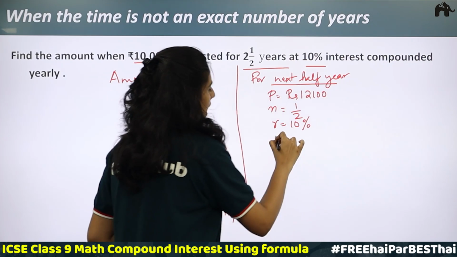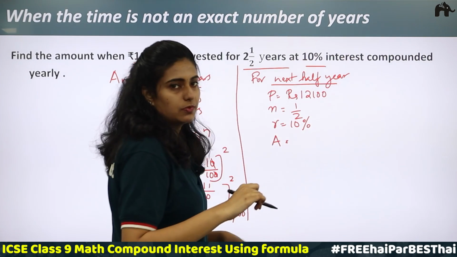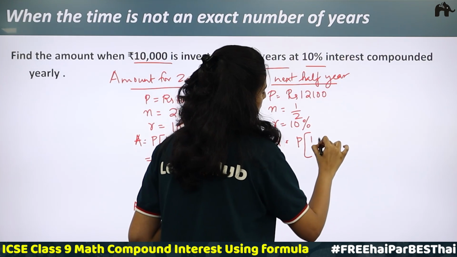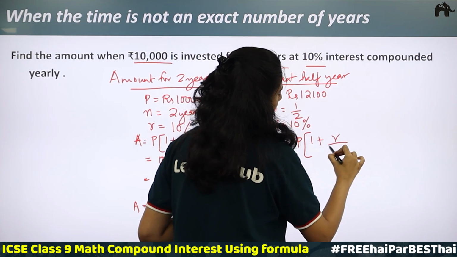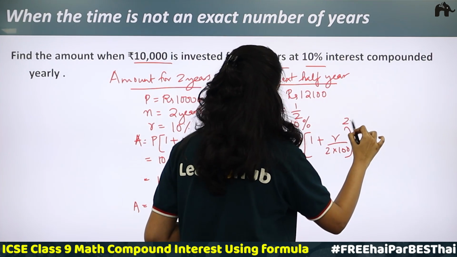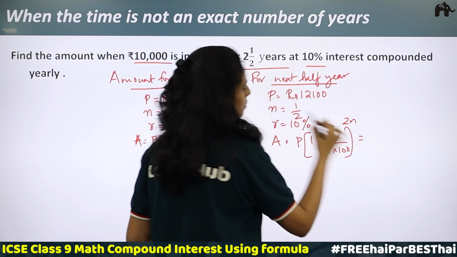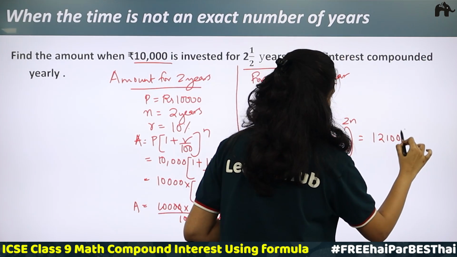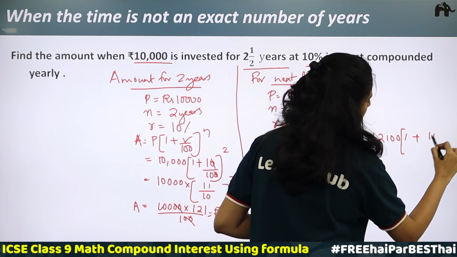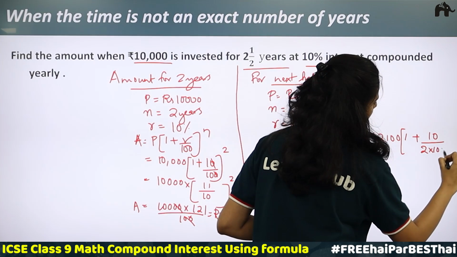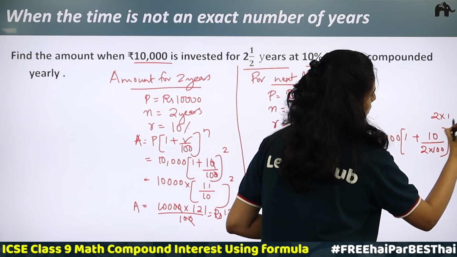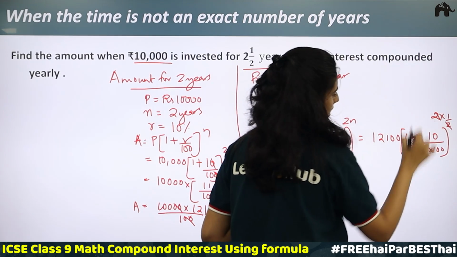Now the amount will be equal to, use the formula P into 1 plus R by 2 into 100 whole raised to 2 into N, which is equal to 12,100 into 1 plus 10 by 2 into 100 whole raised to 2 into 1 by 2.